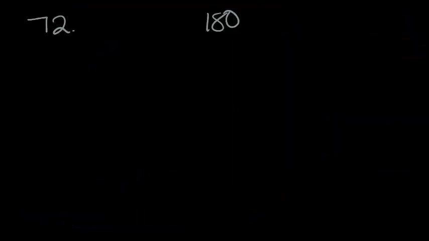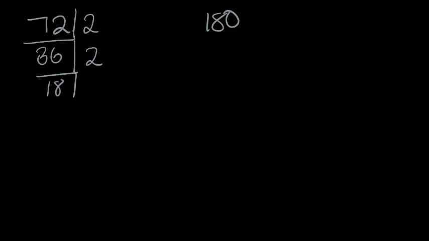Let's repeat the process. So we are going to do the prime factorization of 72 and 180. 72 is an even number, so I am going to half it, divided by 2. So that's going to give me 36. I'm going to half that, and I'm going to say 18. I'm going to half that, and that is going to give me 9.